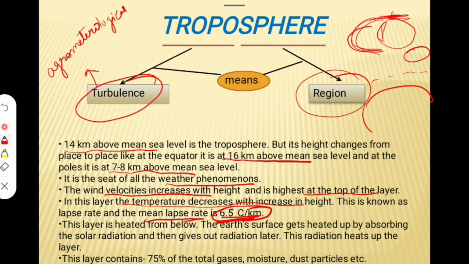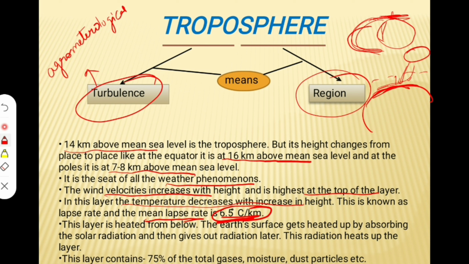As we know, the short waves enter without any hindrance, but while returning back, due to the presence of carbon dioxide or greenhouse gases in the tropospheric layer, the long waves are not able to escape, due to which the Earth's surface becomes hot, and as the Earth's surface becomes hot, the troposphere, which is close to the Earth's surface, also starts heating up. Okay, so we can say the tropospheric layer starts warming up from below.